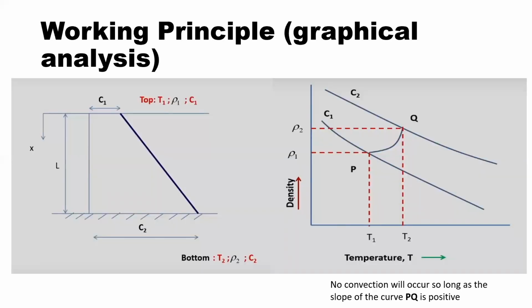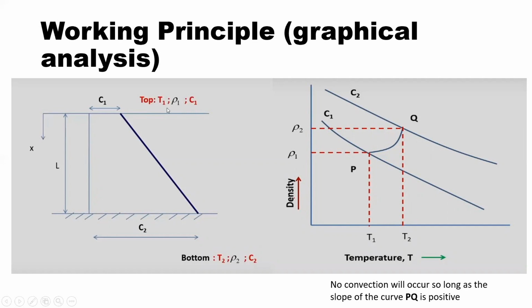Then we discuss the working of a solar pond on the basis of a graphical analysis. We consider a solar pond with a depth L, and we consider small distances from the bottom as x.